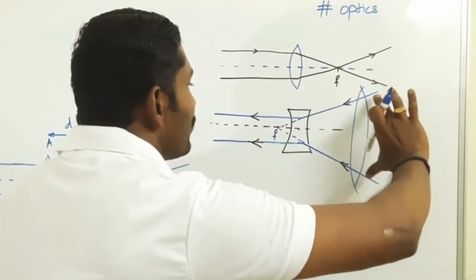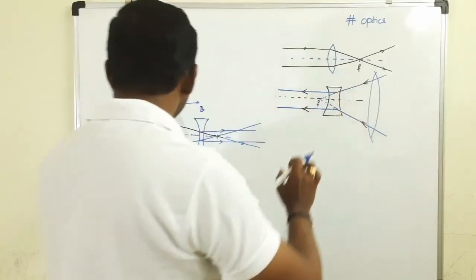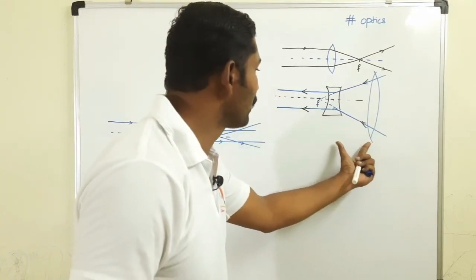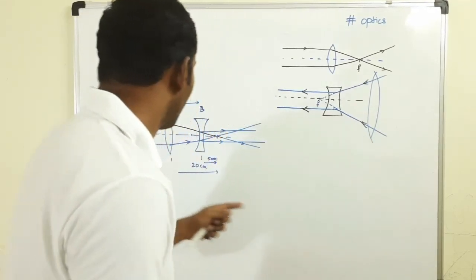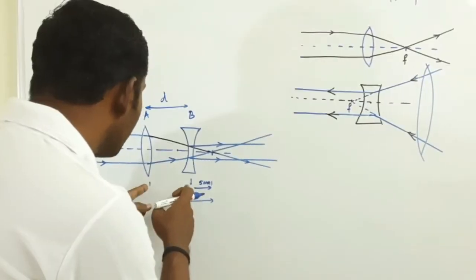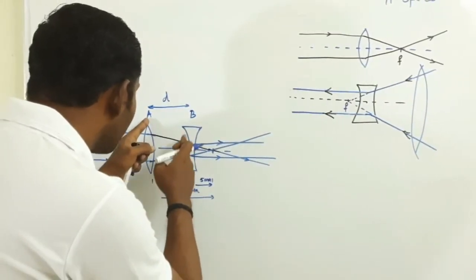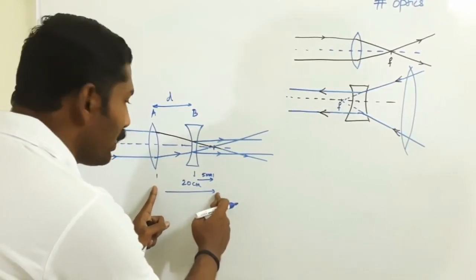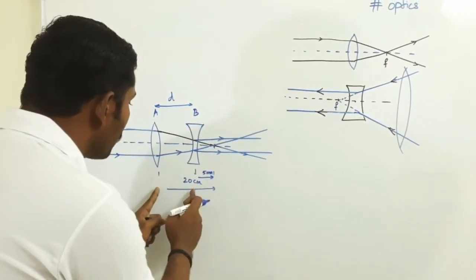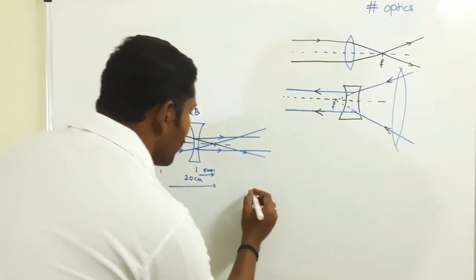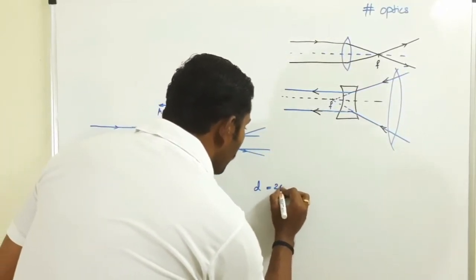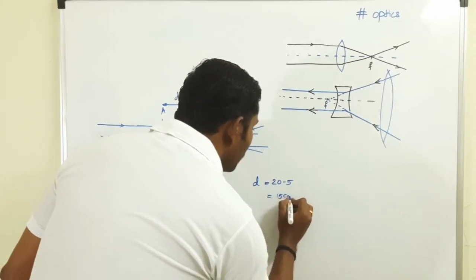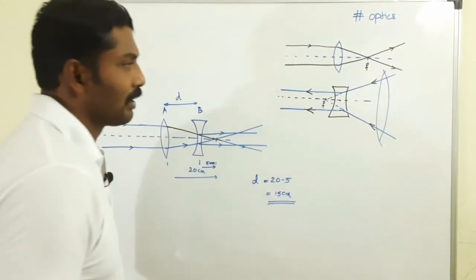If the convex lens is trying to focus its light at its own focus, what should be the distance from the convex lens to the concave lens? The total distance from here to here is 20, this distance is 5, so the distance between them is 20 minus 5. So D is equal to 20 minus 5, which is equal to 15 centimeter, is the right answer.